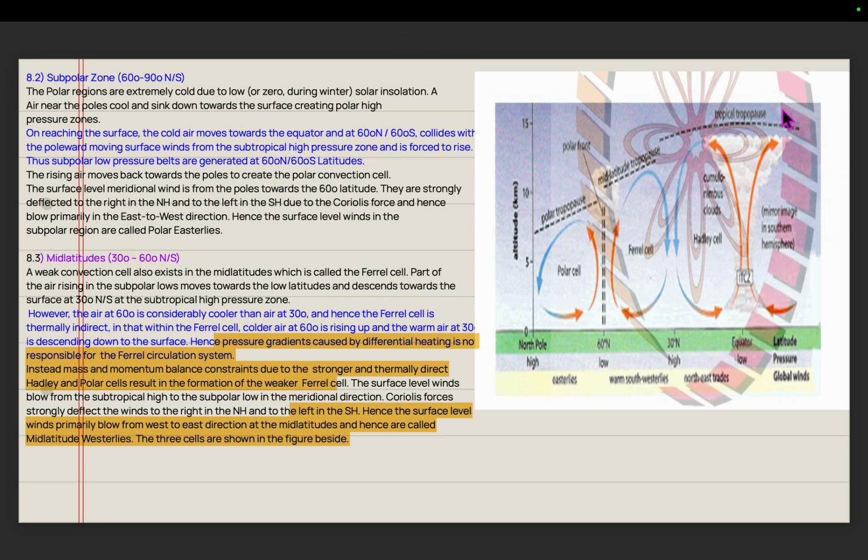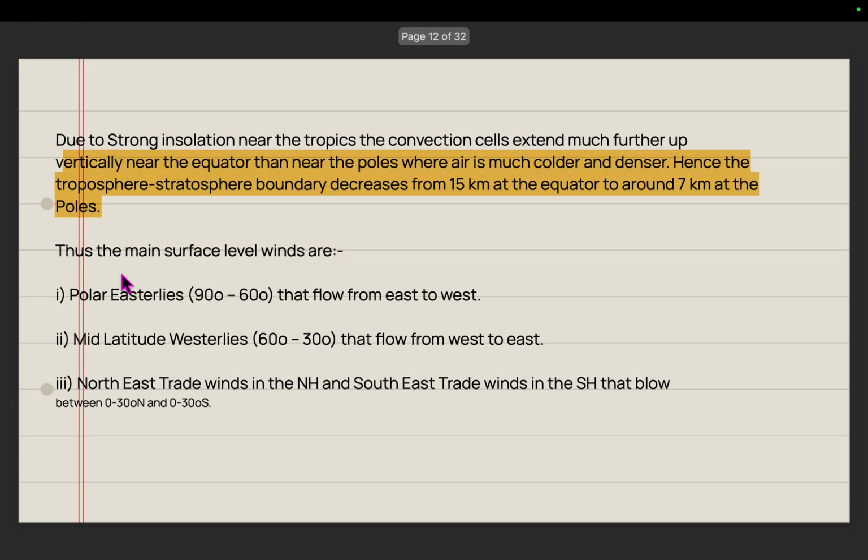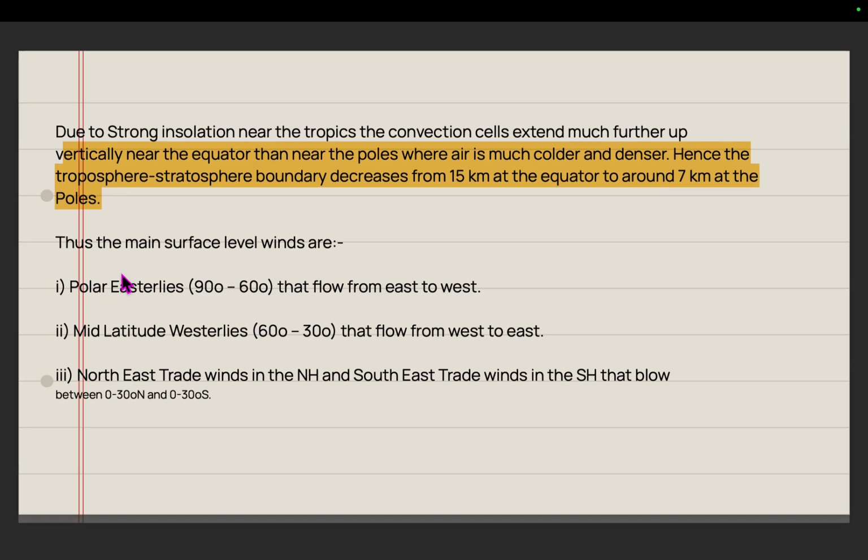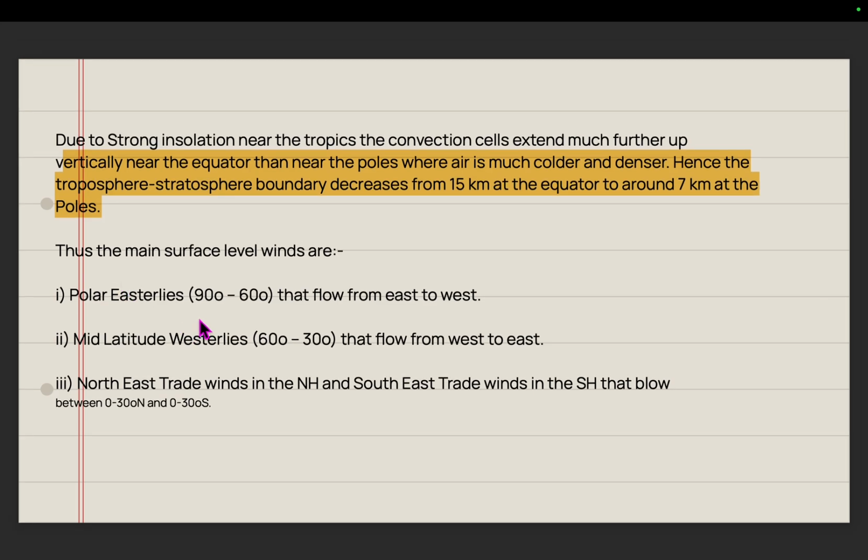Here you can see there is more circulation, or the cells are higher in height, and here the cells are lower in height. So these mean three surface winds: the polar easterlies, that is 90 degree to 60 degree, and the mid latitude westerlies.